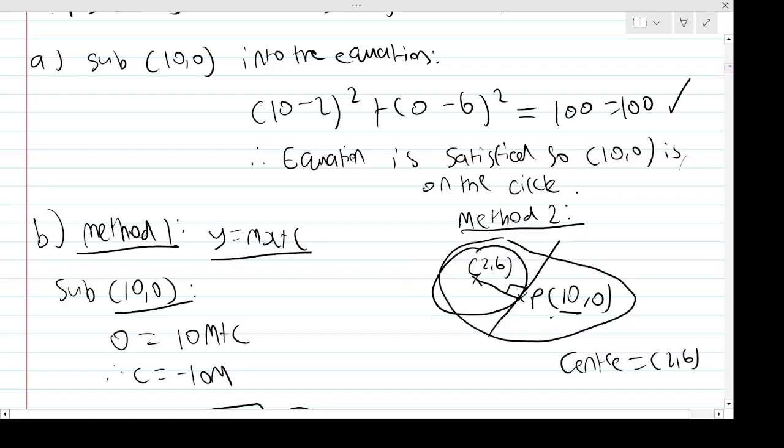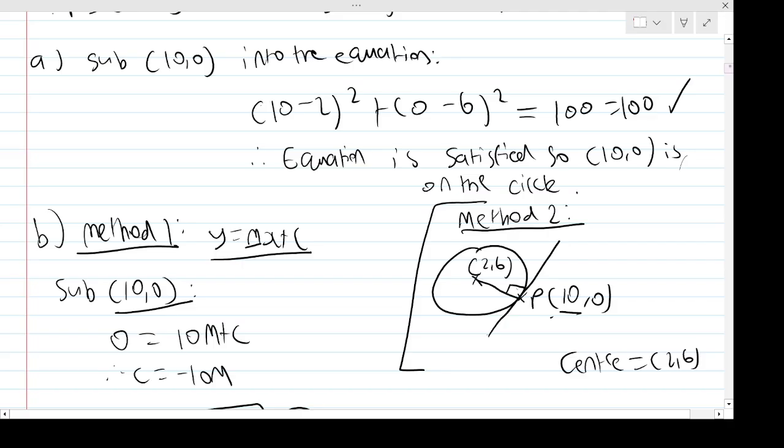What you'd essentially do, and I'll go over it again in a second, is to consider the center. You'd consider the radius from the center to the point, and because they're perpendicular, you can consider gradients, and that allows you to find m an easier way. So you'd opt for this method before you tried using any substitution algebra.